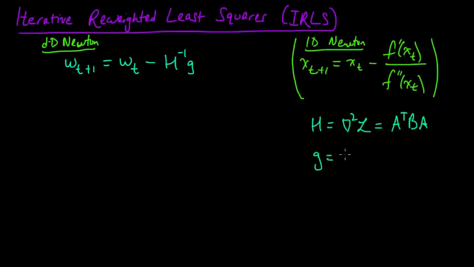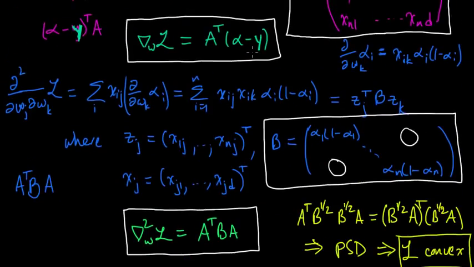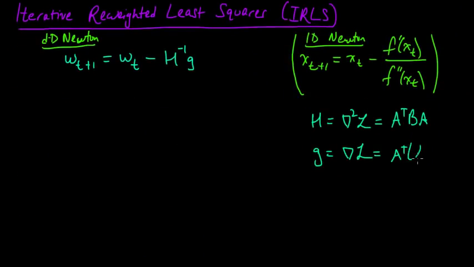And the gradient g was A transpose times alpha minus y, where alpha was the sequence of alphas, alpha 1 up to alpha n, the vector of alphas, and y is the vector of target values. So let's plug those in here and see what happens.